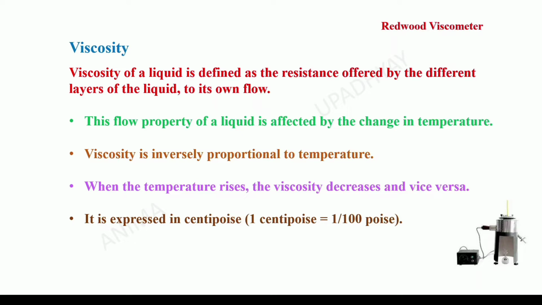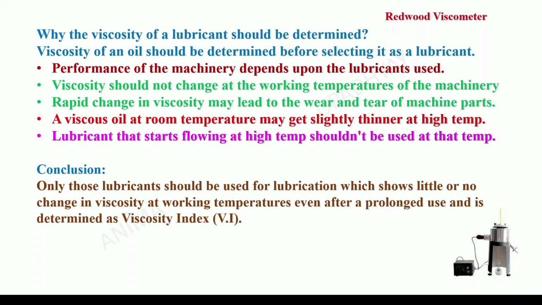This is a flow property of a given liquid and it is affected by the change in temperature. As the temperature rises, the viscosity, that is the thickness of the oil, decreases and vice versa. So we can say that viscosity is inversely proportional to temperature and is expressed in centipoise.